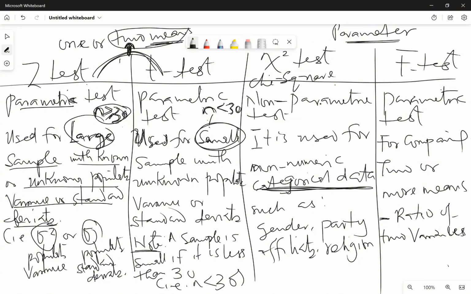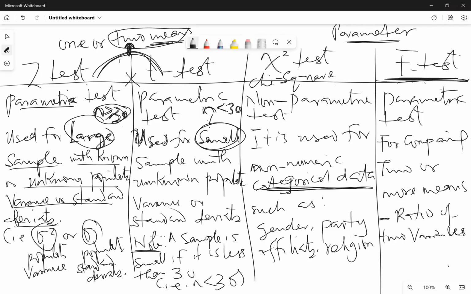However, once your means exceed 2, you cannot use these tests again. And that's where F test comes in. So F test is a superior test to Z and T test. It can be used to compare 2 or more means. All right. So it means F test covers a larger number of means as compared to Z and T test.